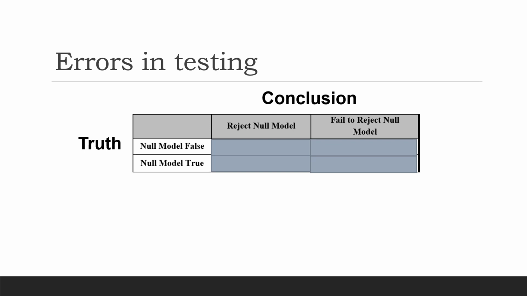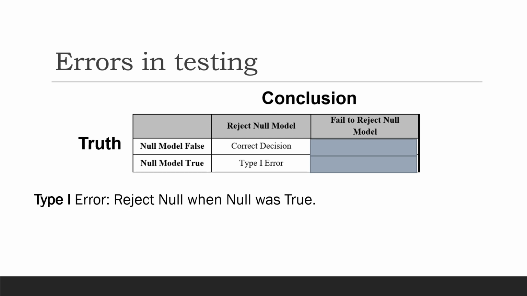Now, if we reject the null hypothesis and it's actually not true, then that's a correct decision. But if we reject the null hypothesis and it turns out that the null hypothesis was true, then that's an error, and that's what we call a type 1 error. So type 1 error is rejecting the null hypothesis when the null was true.